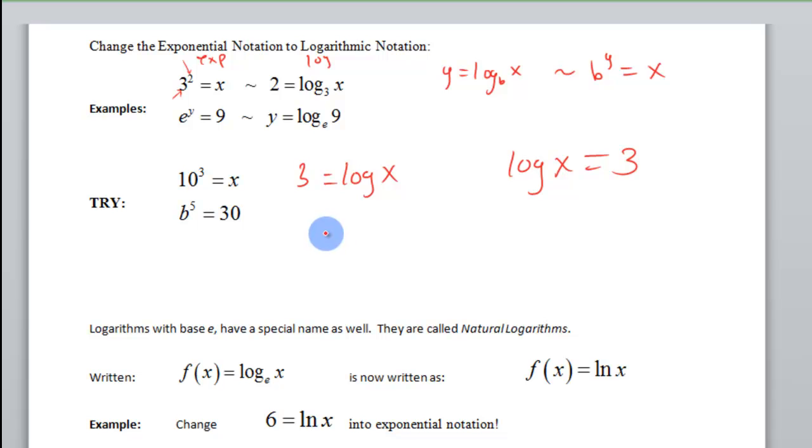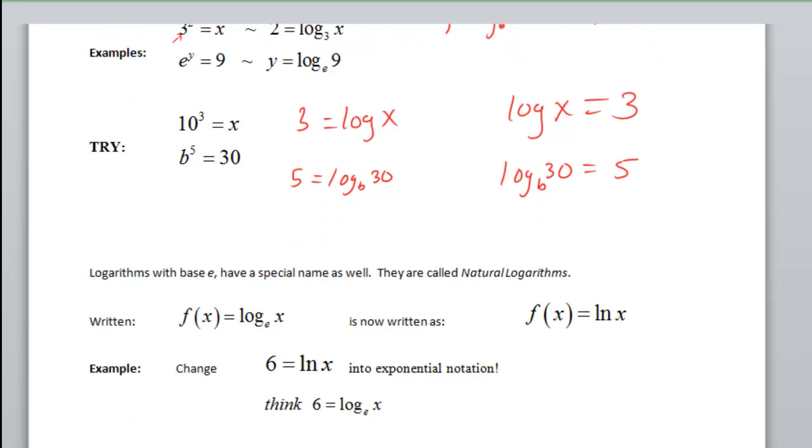Base b, log base b. The exponent is 5, and the input is 30. So log base b of 30 equals 5. Check it: b to the 5th equals 30. Yep. Hopefully you got those two right. Practice going back and forth. Create your own numbers and see if you can practice going back and forth and see if they make sense.